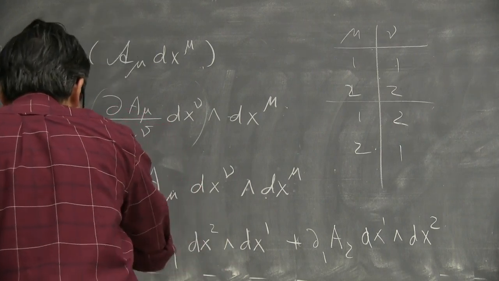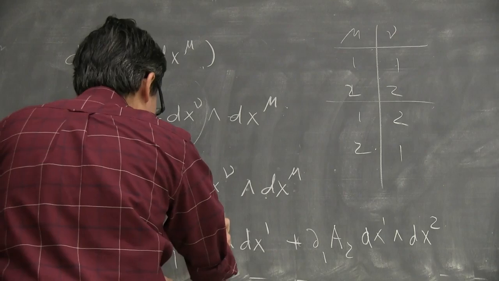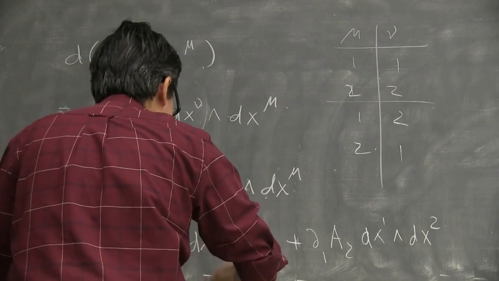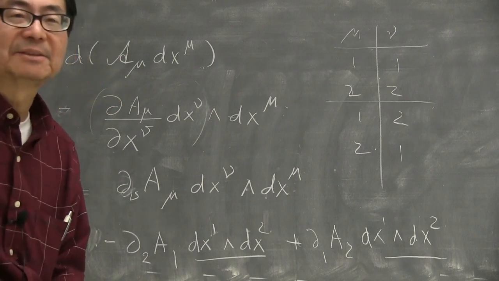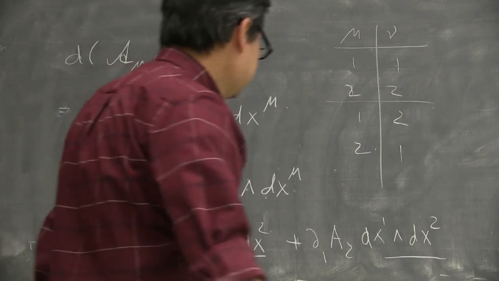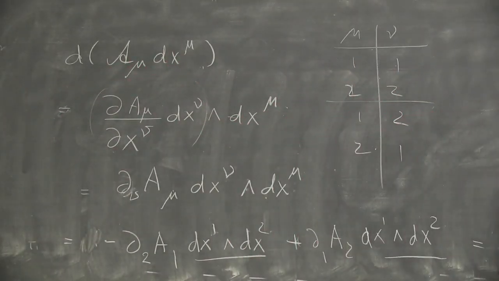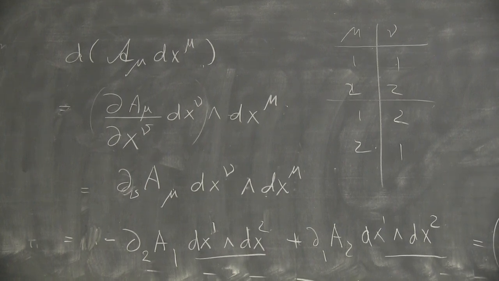Put in a minus sign, and I change, not here, but just here, okay? So these two are the same dx1 dx2, which means I can factor it out. So what this becomes is d1 a2 minus d2 a1, dx1 wedge dx2.